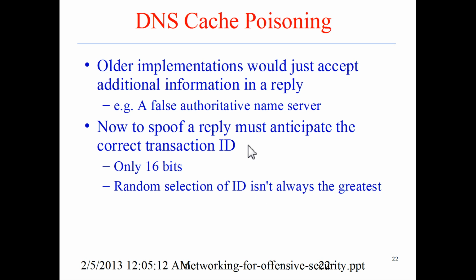Now, in order to do cache poisoning on servers that require a correct transaction ID, you simply have to brute force 16 bits and trigger a request at the same time while posing as an authoritative name server as well.